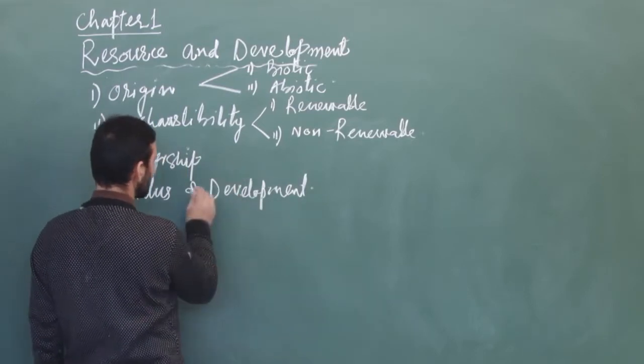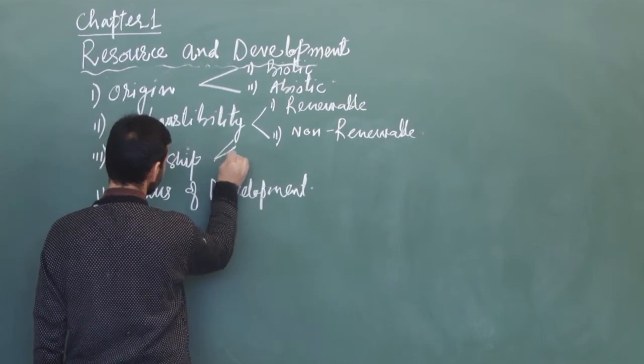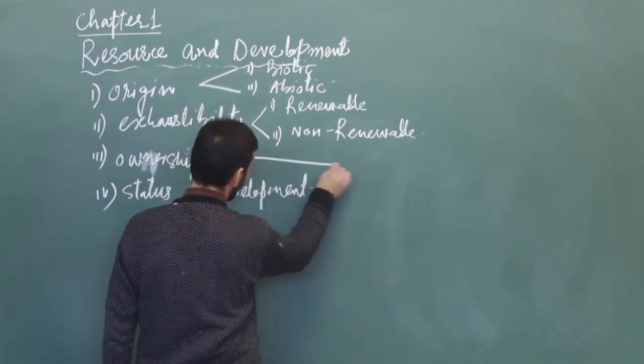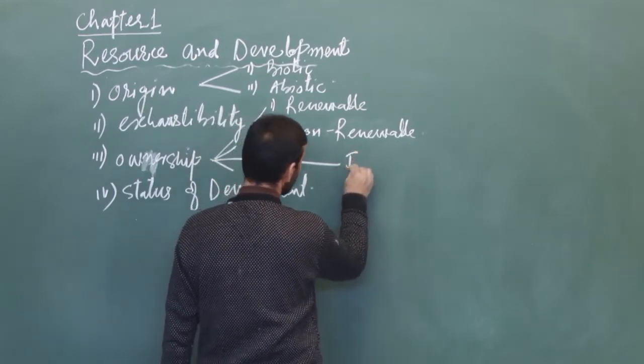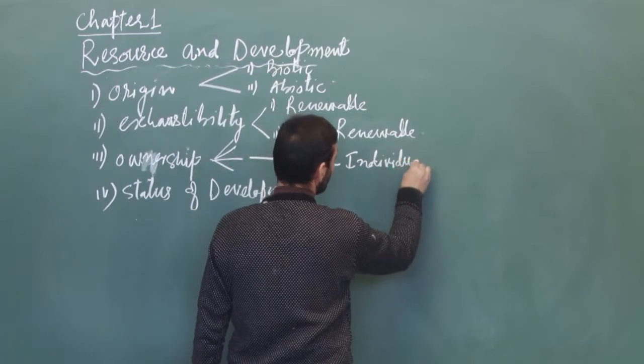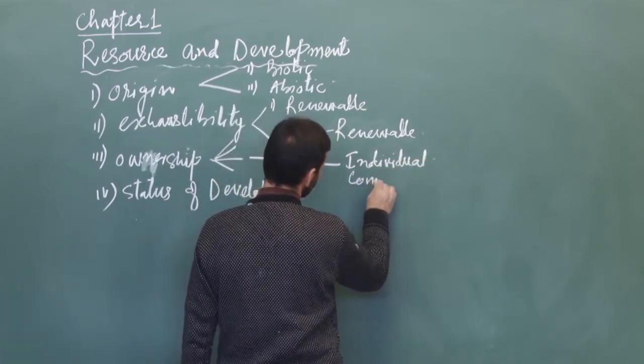Ownership. On the basis of ownership, resources are classified into 4 types. Number 1, individual resources. Number 2, community resources.